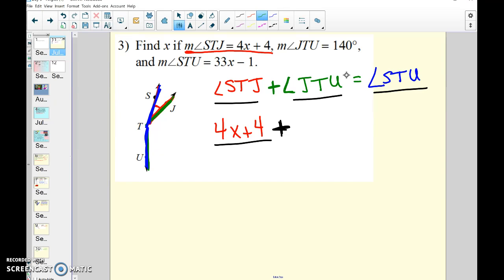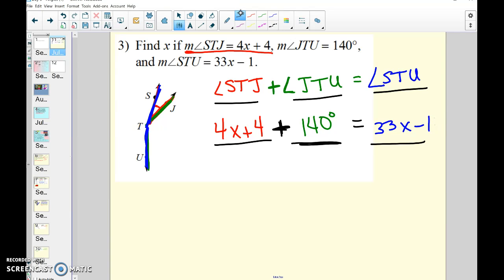Again, I can take this whole group out and sub in 140 degrees. And the last group, same thing. It tells me angle STU is equal to 33x minus 1. All I did was sub out the original angles and plug them into the equation like we had just set up. Now comes the algebra.